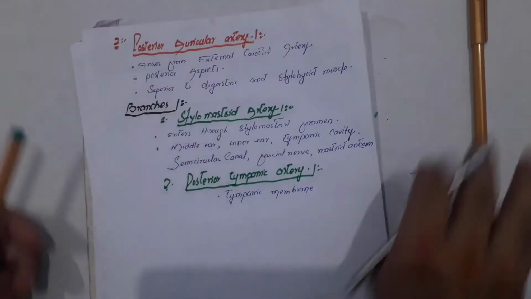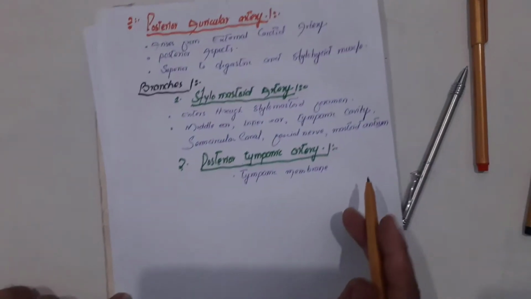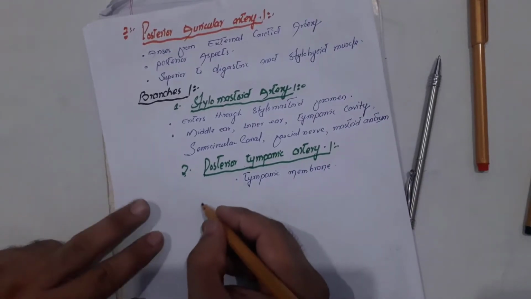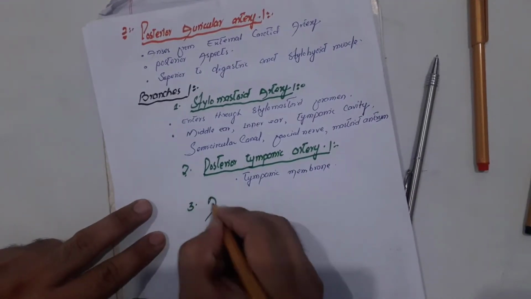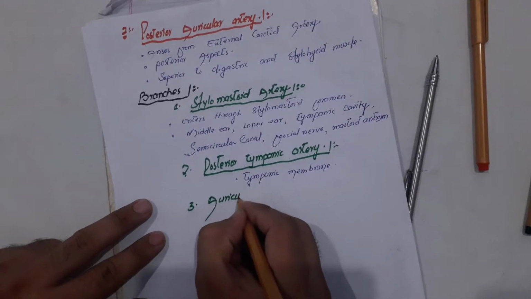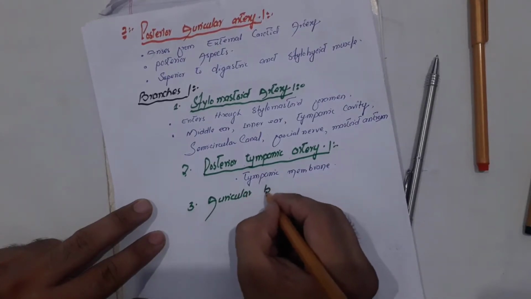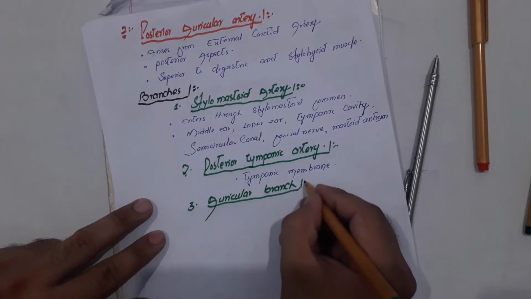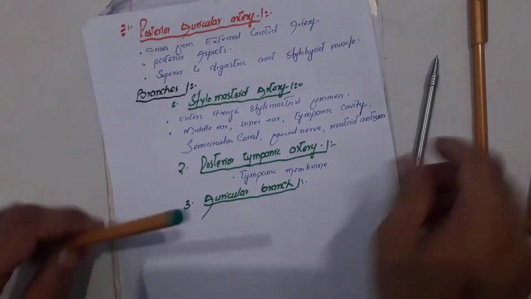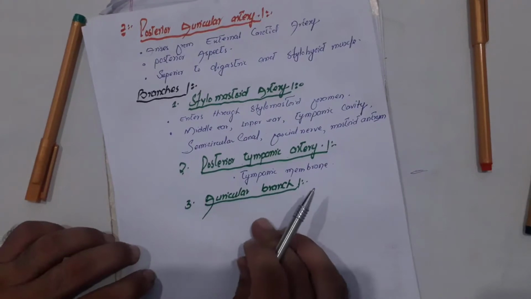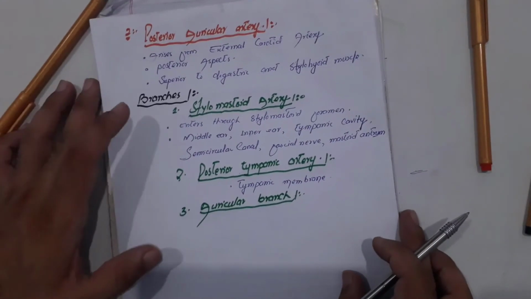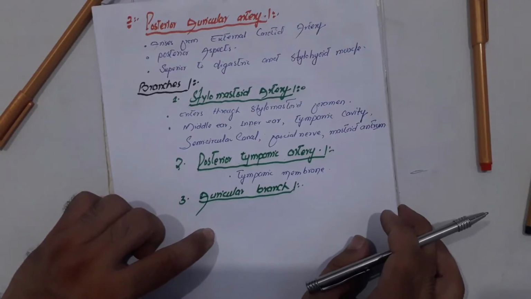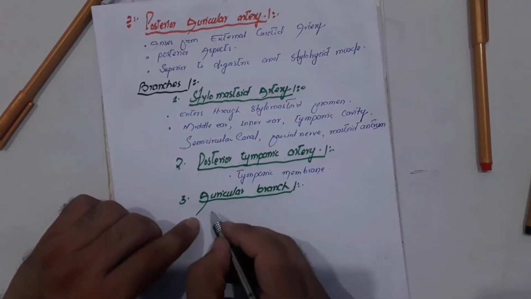Right, friends. So the third artery which arises from this posterior auricular artery is the auricular branch. We will see all these branches in the diagram also. This auricular branch is responsible for supplying the muscles of the ear, right?